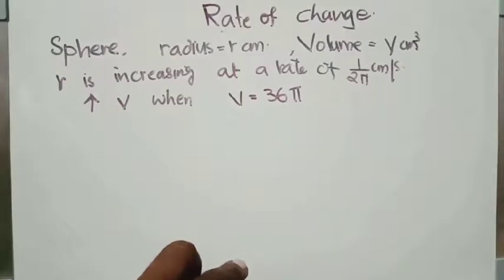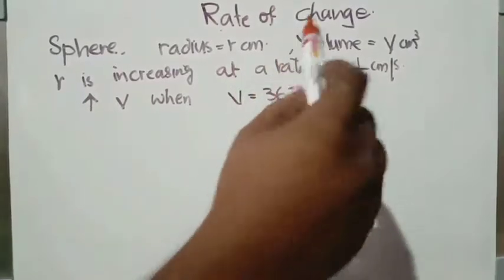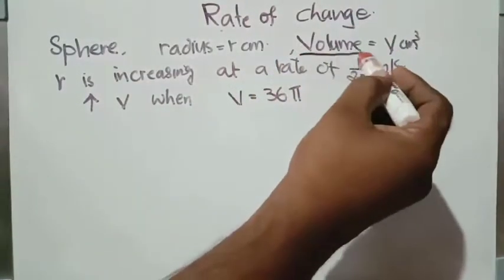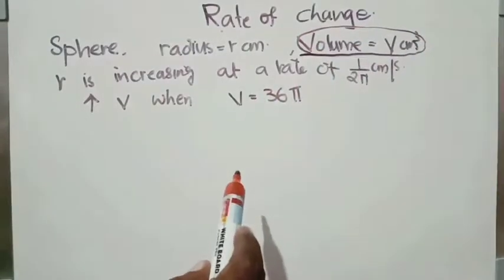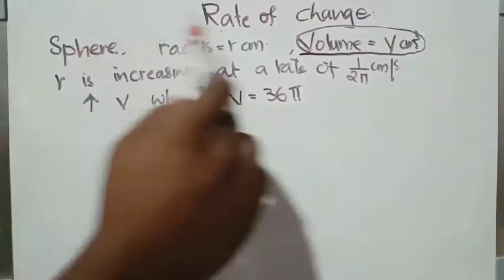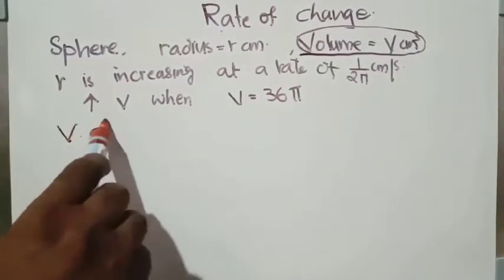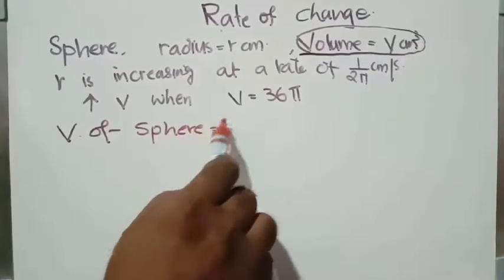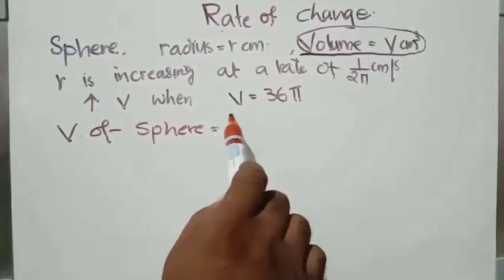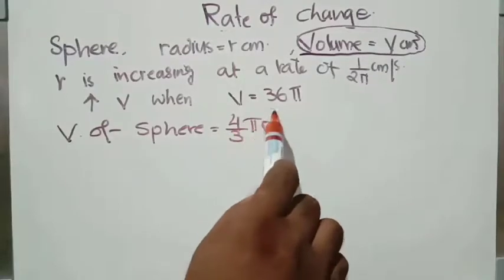Okay, so when you go on with this question, one of the important pieces of information is about volume. This question is dealt with the volume of sphere. You know, what is the volume of sphere? 4 by 3 pi r cubed.